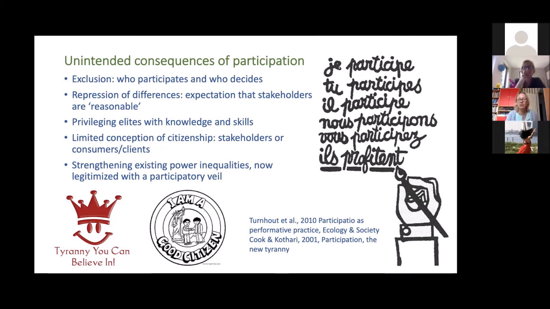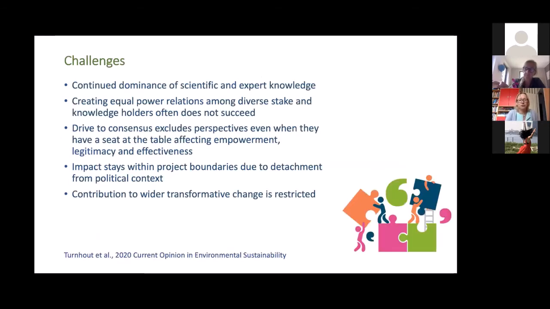Now, these lessons, the problems of many participatory approaches, have been known for a very long time, but have not been adequately addressed. And I'll try to show a little bit about why this is the case. So very similarly, also in our review of co-production approaches in the environmental domain, you see very similar challenges. You see the continued dominance of specific forms of accredited scientific or expert knowledge.